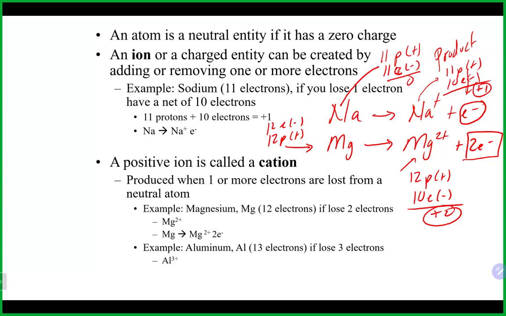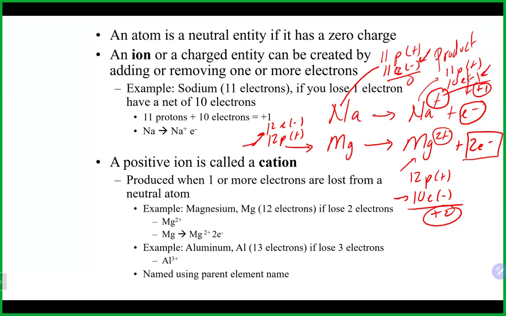That is a cation. And once again, the actual charge tells you how many electrons it lost. This is a +2 charge, which means it lost 2 electrons from its neutral situation. This is a +1 charge, which means it lost 1 electron from its neutral situation.